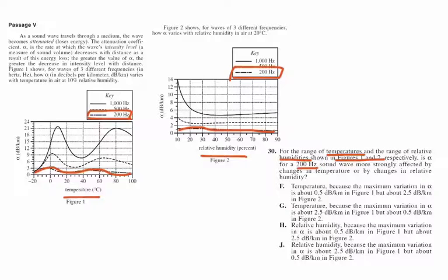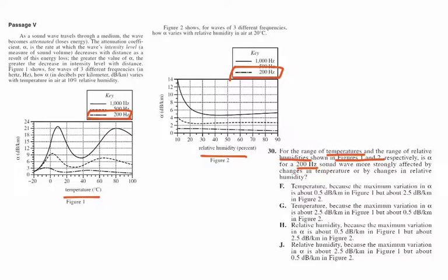We want to see, is it more affected by temperature or humidity? We can see there's not a whole lot of change in either of them, but the temperature goes up to 3 and down to almost 0, where the humidity goes between maybe 1 and 2. So I would say it has to be temperature.